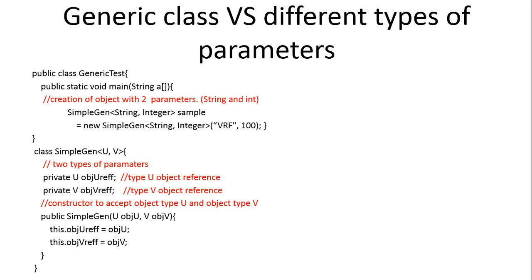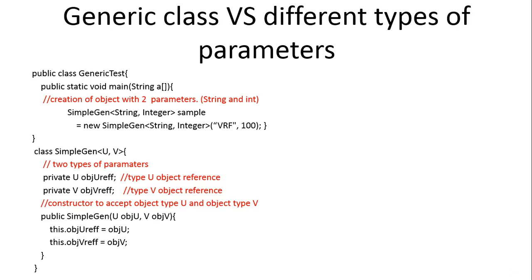Two types of parameters. The first one, private U obj, a type U object reference. The next one is a type V object reference, and also we have the constructor to accept object type U and object type V. So once again the logic is same, but we can change the data types.